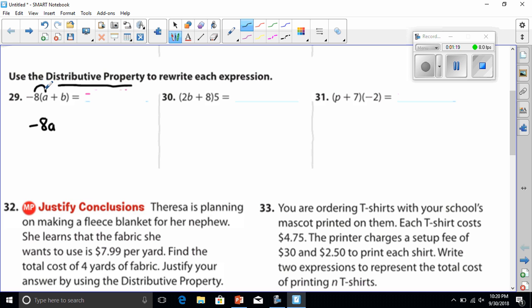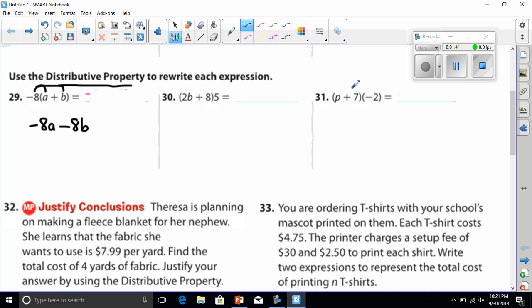So not only will I multiply negative 8 to a, I'll multiply negative 8 to b. So this would be negative 8b. That's it, negative 8a minus 8b. We cannot combine these because a and b are not like terms.